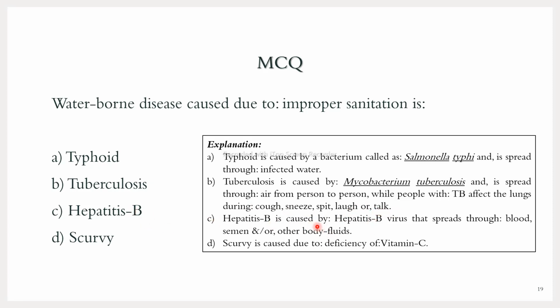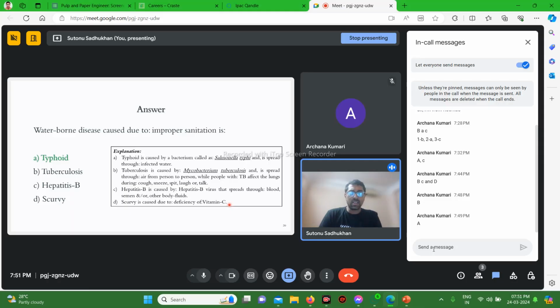Hepatitis B is caused by the hepatitis B virus that spreads through blood, semen and or other body fluids. And scurvy is caused due to deficiency of vitamin C. So option A, typhoid, is caused by improper sanitation because it is water.